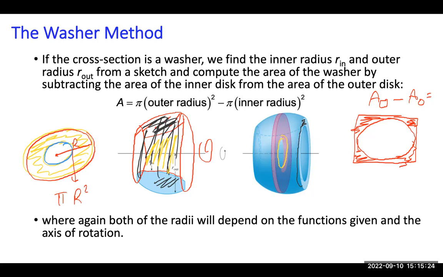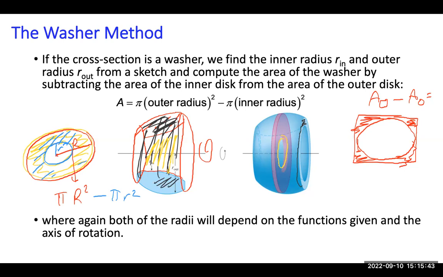That's the part we don't want. Well, how do we figure out the area of the smaller circle? Well, that's just going to be pi times little r squared. If we take the area of the outside minus the area of the inside, we get exactly the area of the middle, and that's the part that we want.